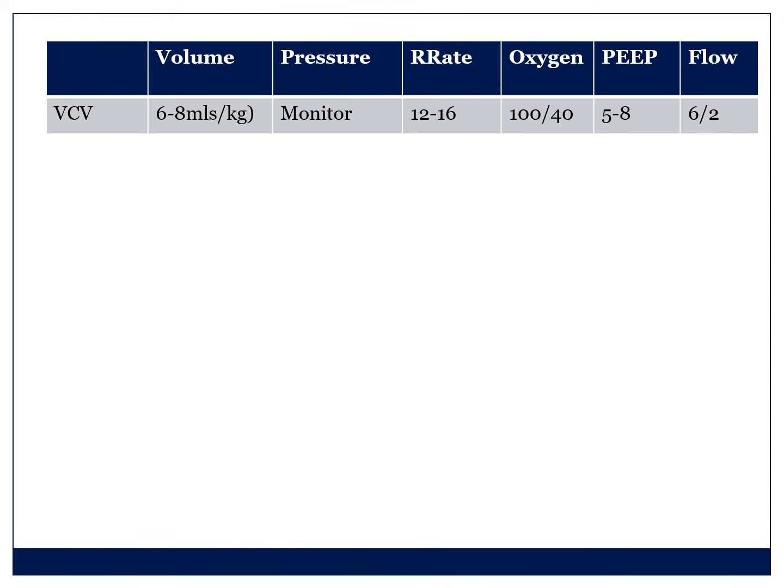PEEP, anything between 5 and 8. Everyone should get PEEP. My standard is to start at 8. The only patients that don't get PEEP are the exceptions. So if a patient's an asthmatic and currently wheezing, and you're having an asthmatic attack in the patient, then you put the PEEP at 0. There are very rare circumstances where you don't use PEEP, but the default is PEEP.